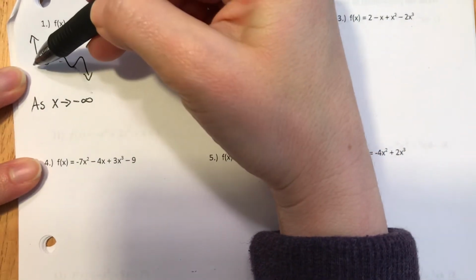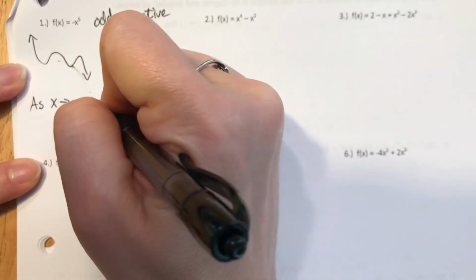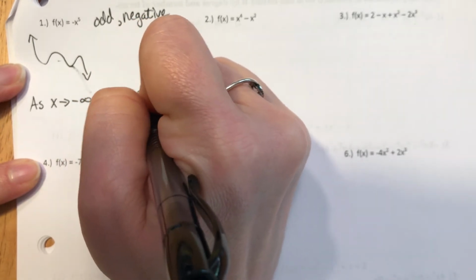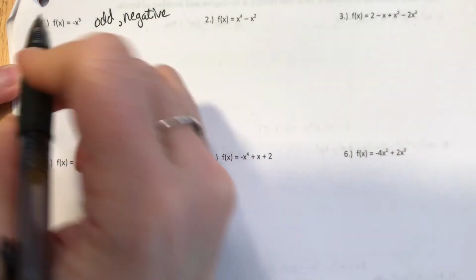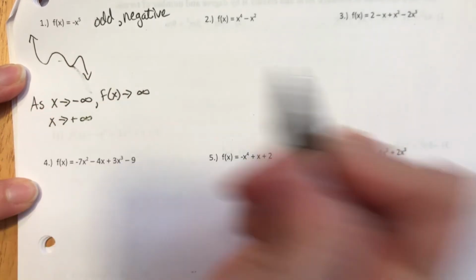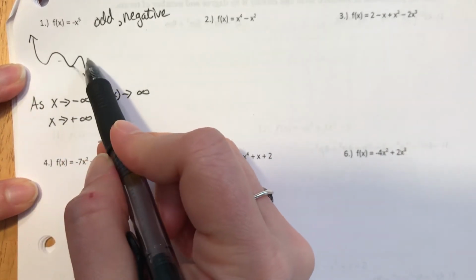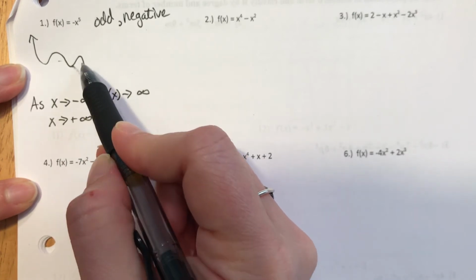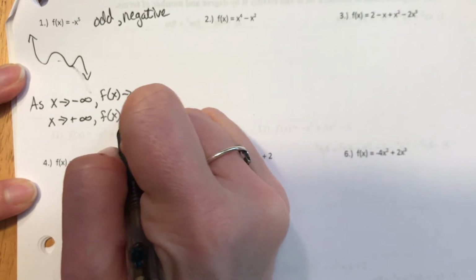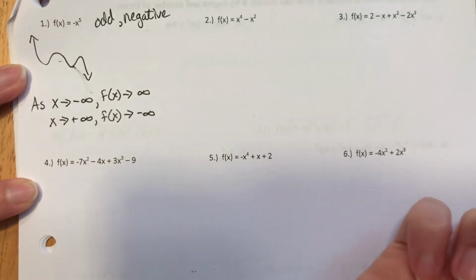Our y goes up. So we're going to say our f of x goes up, which means positive infinity. And then we also need to do as x goes to the right, positive infinity. What happens to our y? It goes down. Going down means negative infinity.